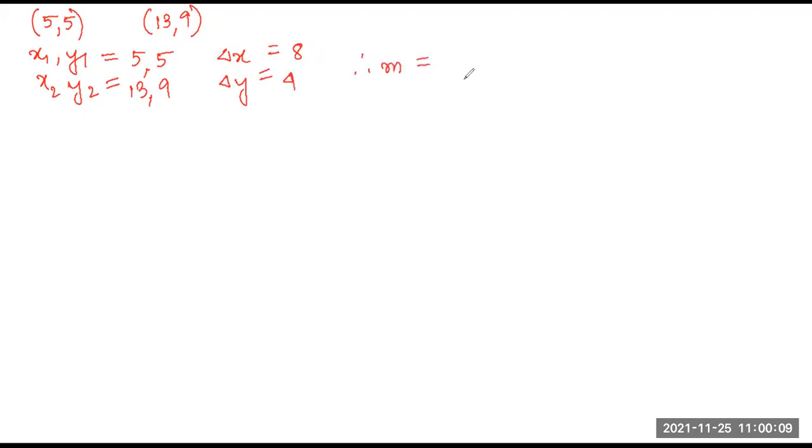Then what is the value of m? It is 0.5, which is 1/2. So it is lesser than 1, true. So I will follow the algorithm which we have studied.